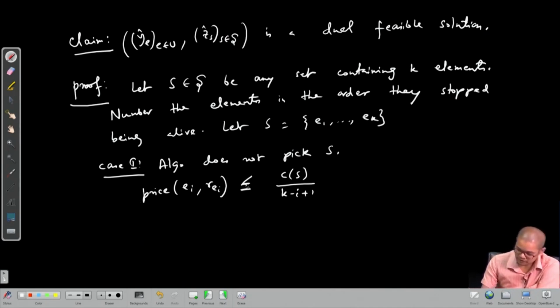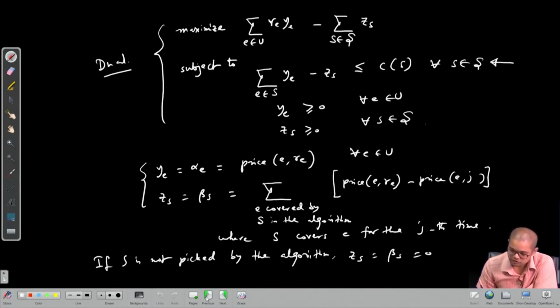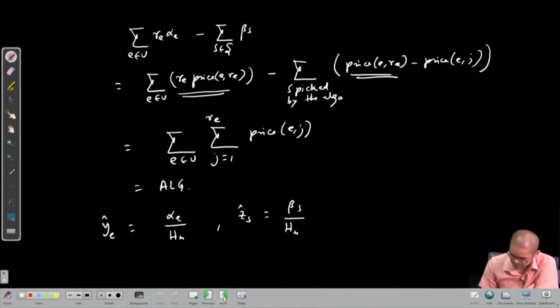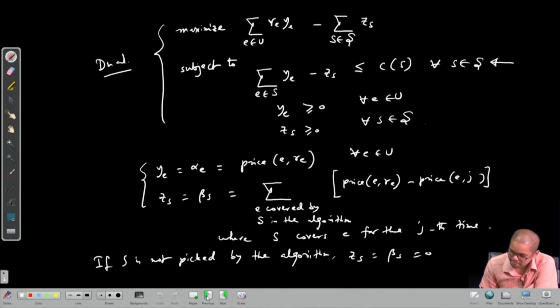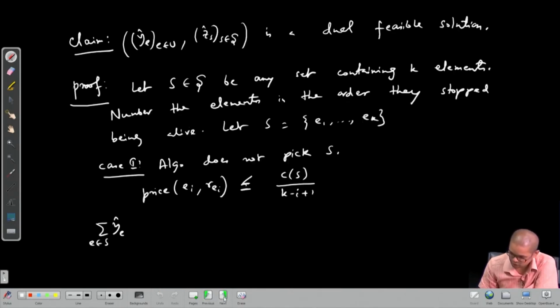Okay. Now, what are the constraints? I need to show that the summation of y_e hat over e in S minus z_S is less than or equal to c_S minus z_S. Now, this is the sum over i equal to 1 to k, because it has k elements.